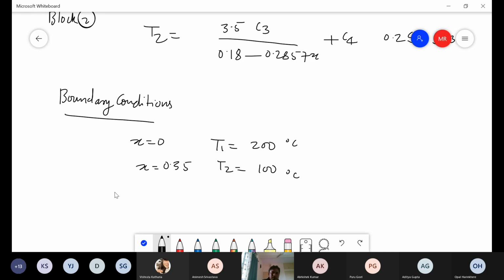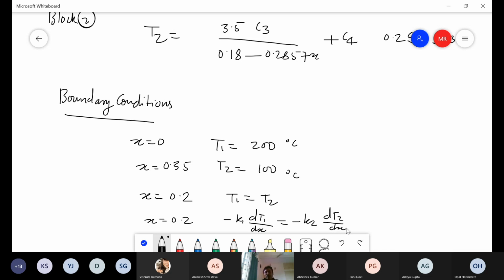Third boundary condition is at the boundary of both block 1 and block 2, that is nothing but at x equals to 0.2, T1 equals to T2, correct? Again at x equals to 0.2, the continuity equation has to be satisfied and therefore minus k1 dT1 by dx should be same as minus k2 dT2 by dx.